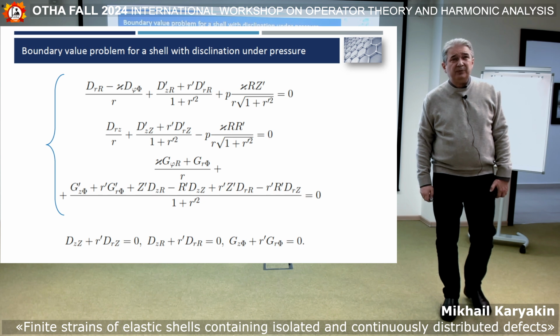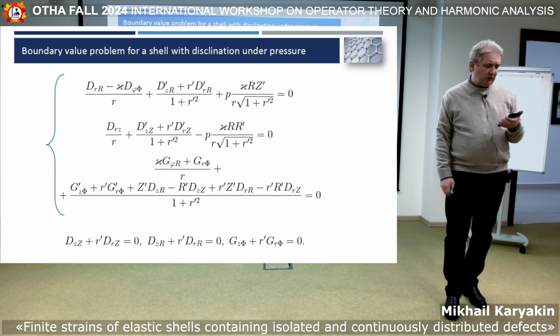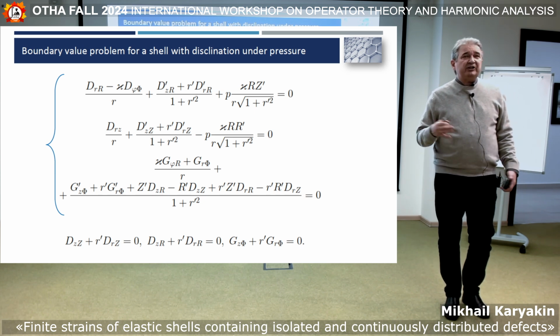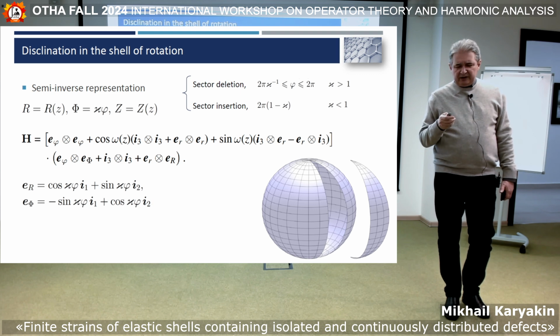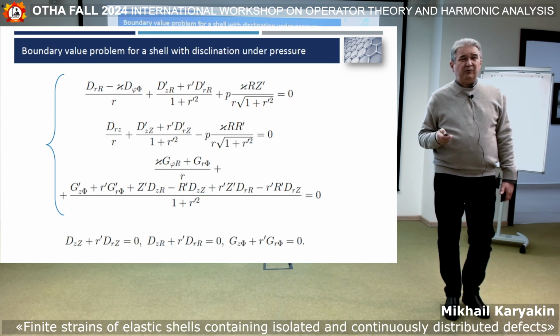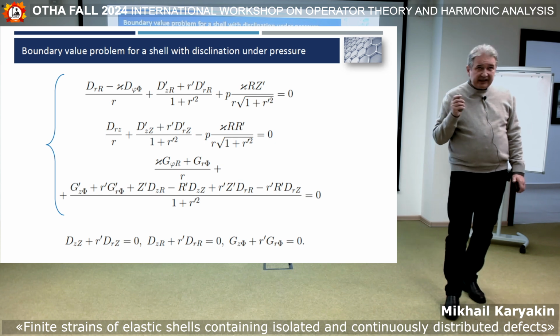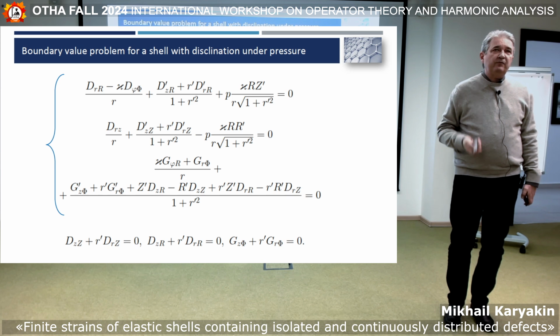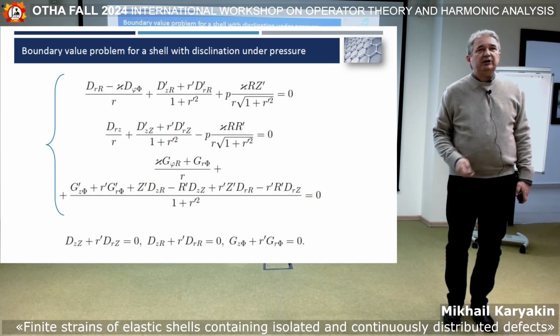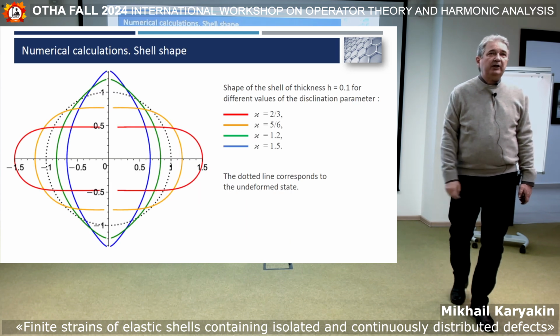Again, not so simple. These are simple formulas, but if I try to expand them in terms of the unknown functions capital R, capital Z, and omega, it will take approximately 4 pages. But again, this is an ordinary differential equation, a boundary value problem for that equation. It can be solved analytically, and the result is presented here.